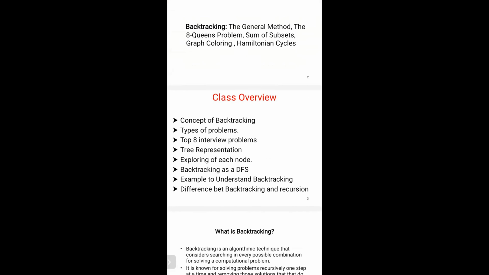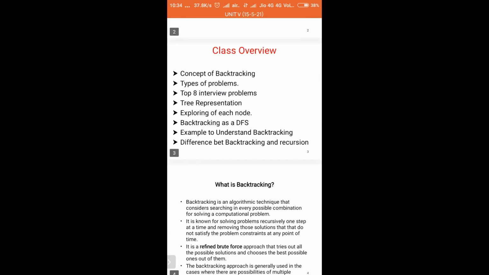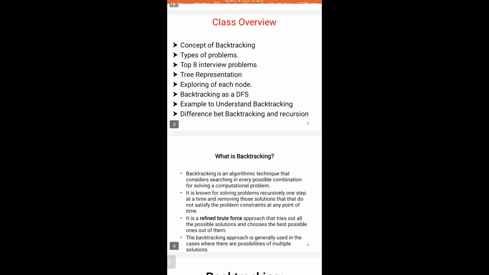Concept of backtracking, types of problems, top 8 commonly occurring interview problems, tree representation, exploring of each node, backtracking as a depth first search.